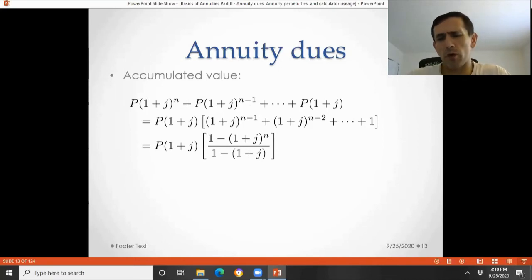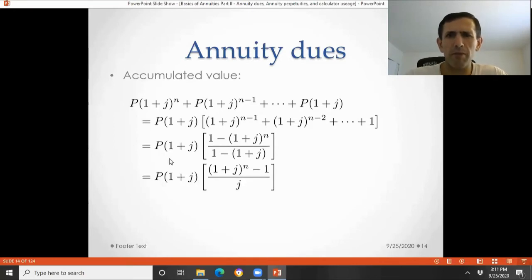And as before, just simplify the denominator, the minus J in the denominator. You can make both top and bottom positive by multiplying top and bottom by -1 to get my formula for the accumulated value of an annuity due, N periods, payment or deposits of P per period with an interest rate J per period.